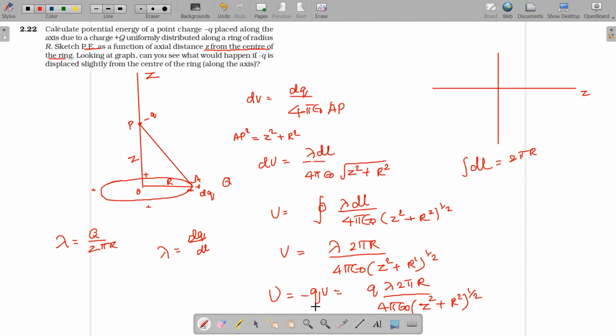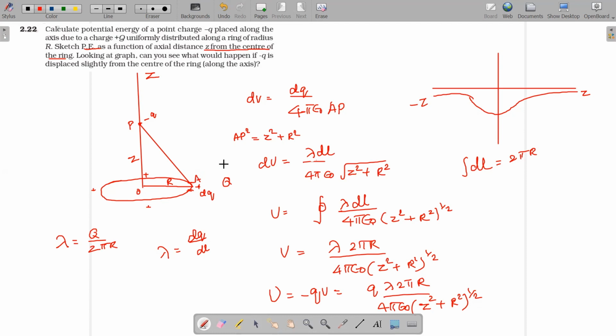And the potential energy along the axis, in the diagram, at the center will be minimum. Then it will increase and go this way. This is the plus Z axis, this is the minus Z axis.